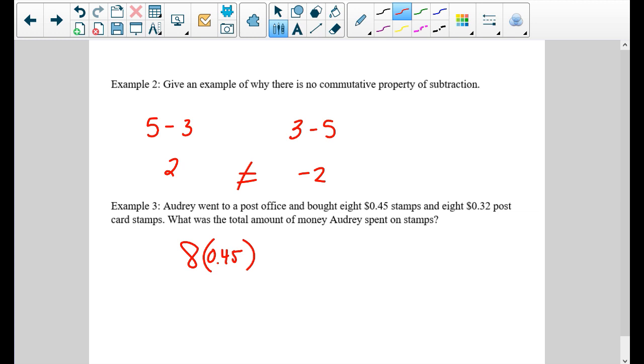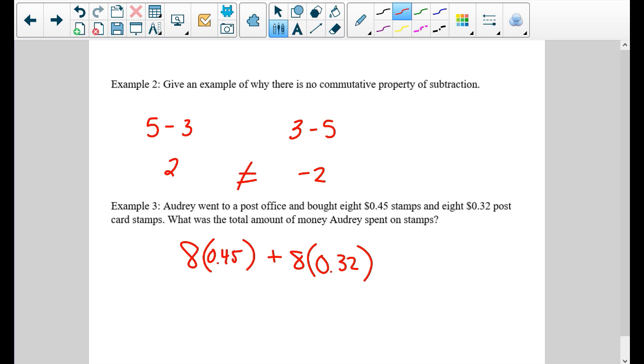So we're taking the number of stamps bought times the price, and we're adding it to the other part, 8 more stamps at 32 cents. They want to know the total amount of money Audrey spent on stamps.